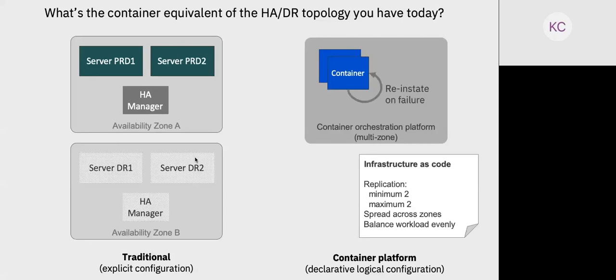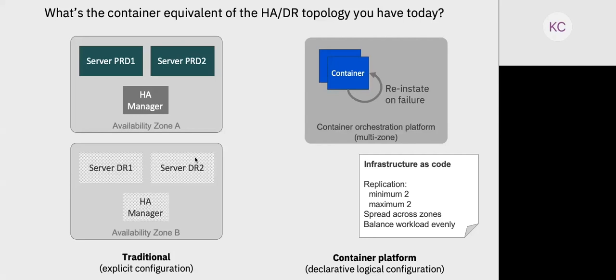And I've deliberately treated these as sort of infrastructure as code, high-level rules that say, I want to have, in this case, I'm trying to replicate what I've got on the left-hand side. So I'm going to have a minimum of 2 and a maximum of 2, spread across zones, balanced evenly. And I've now got effectively the same as I had on the left-hand side, but I've defined it logically, and then I've just let the container orchestration platform get on with creating that.